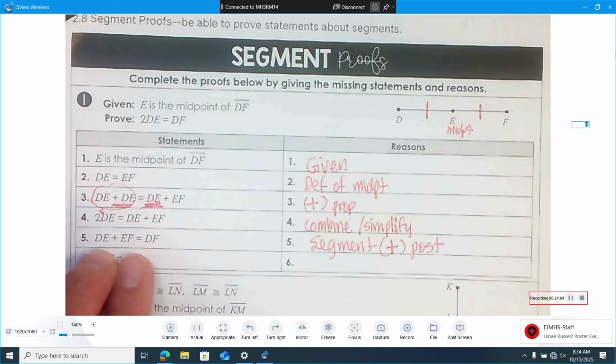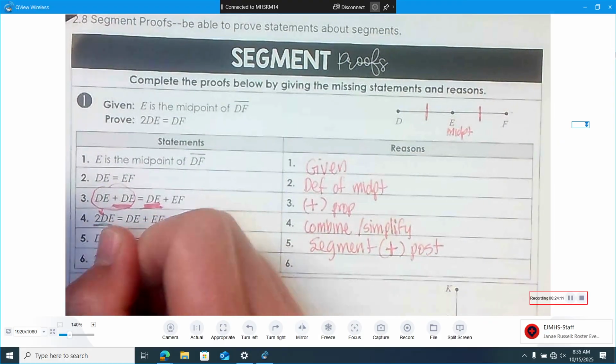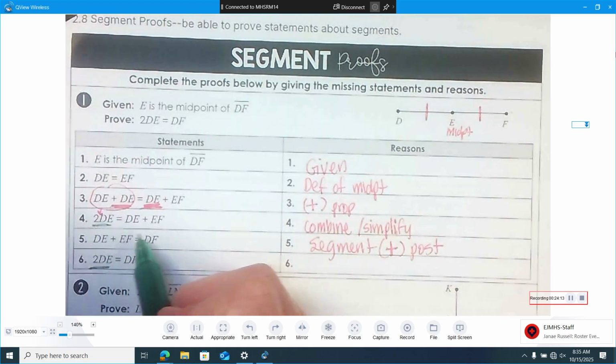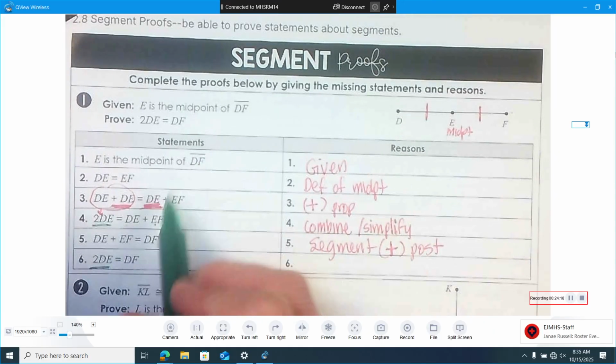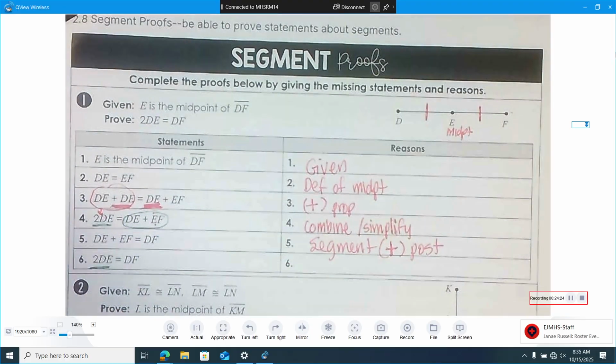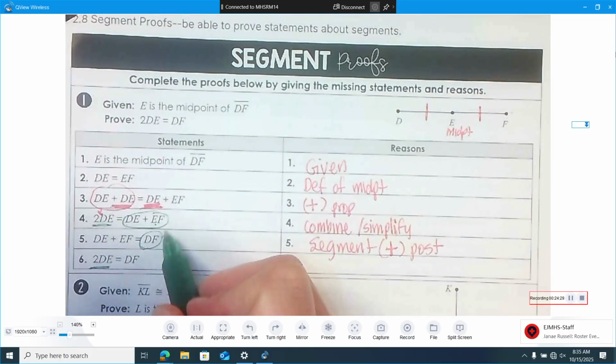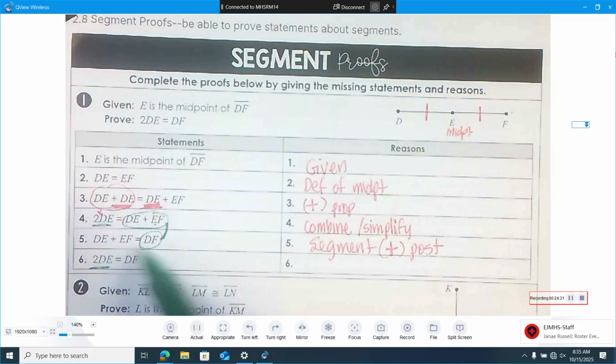Again, that 2DE matched up, so that was good. We had the left side of what we're trying to prove. And the right side was 2 pieces, but we really wanted it to just say DF. So what did we do with this DE plus EF? We replaced them with what they're equal to. What is that called when we replace something? Substitution.